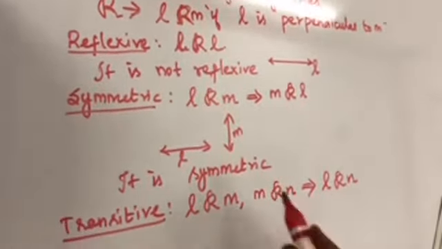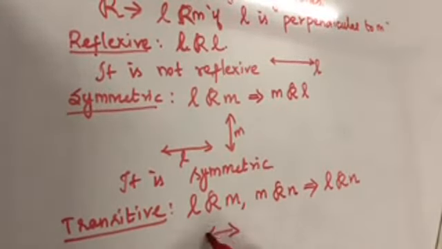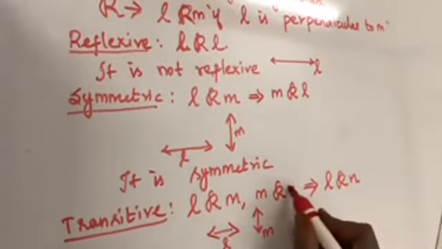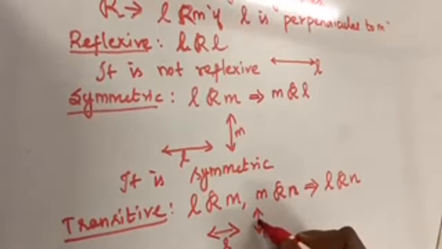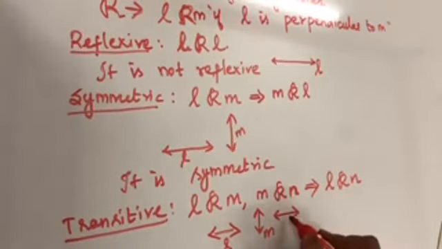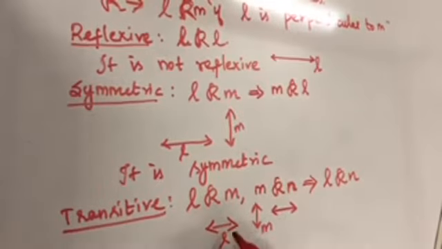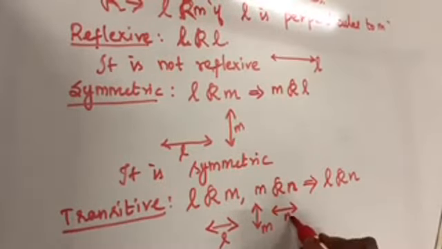Here we can take similarly, L is a straight line, and a perpendicular line M, and another line N that is perpendicular to M. So it has to come like this only. Now can you tell L is perpendicular to N?